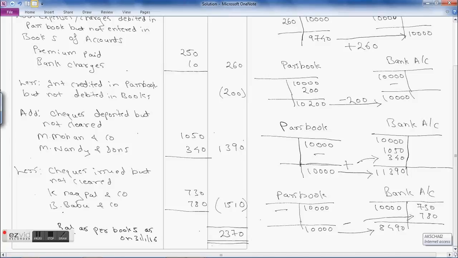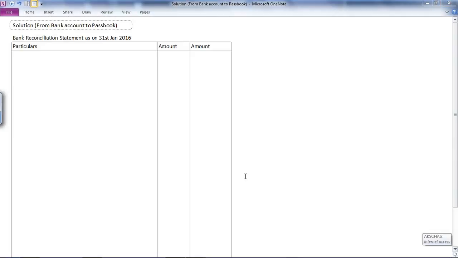Now we'll be preparing the bank reco the other way around, that is we'll take the bank balance as per our books and we'll move towards the passbook, for the same problem. So now we'll move from our bank account to passbook.